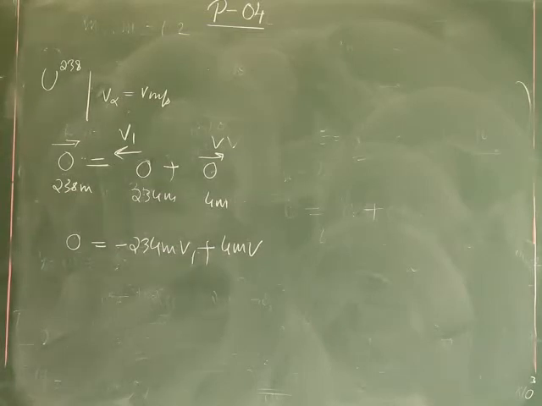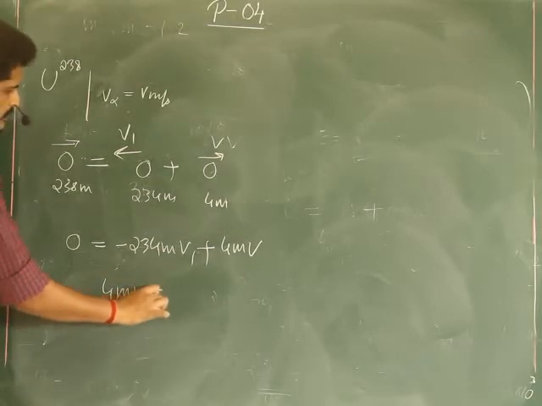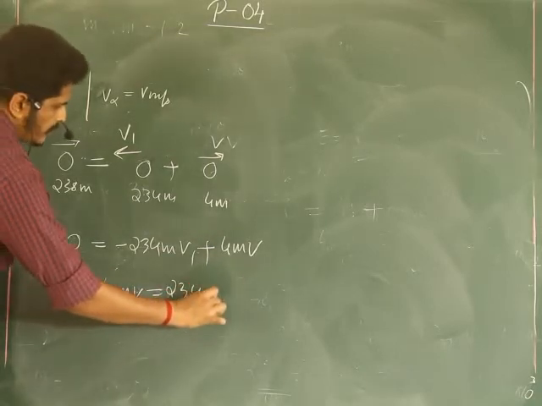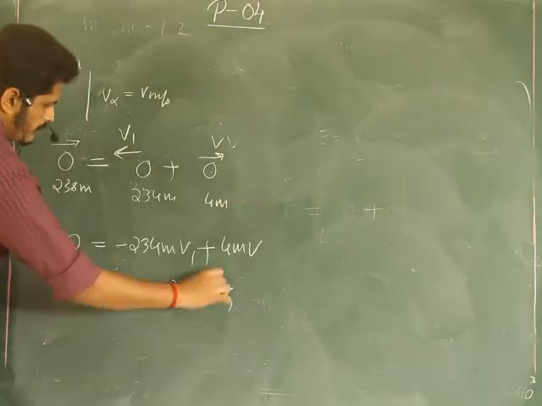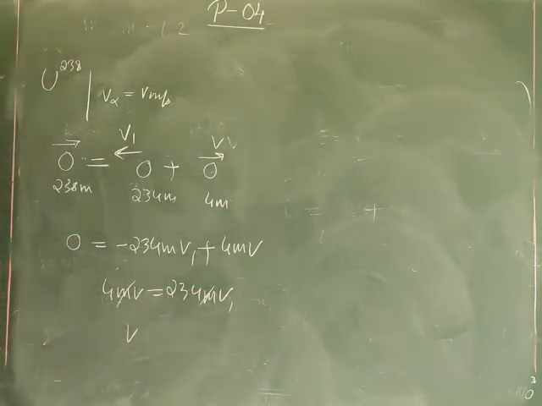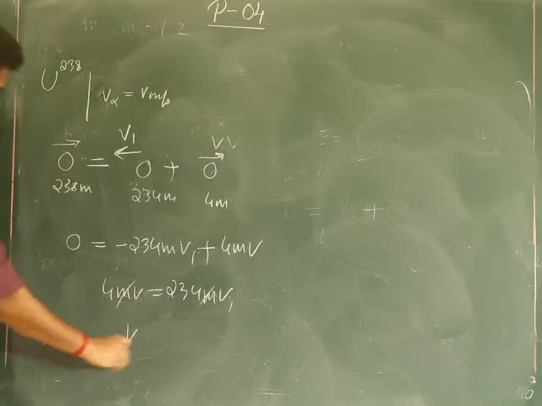When you do the substitutions and take this to the right hand side of the equation, 4mV is equal to 234 mV1, m cancels. What we require here is V1.